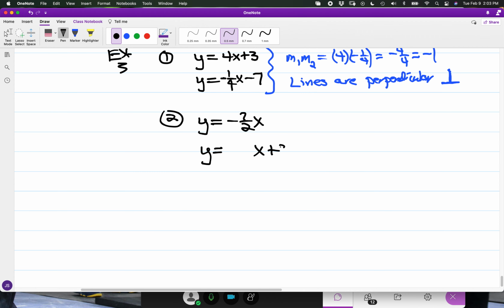If I form the right coefficient in front of this x for these lines to be perpendicular to each other, here I'm going from a negative to a positive. Then I have 7 over 2, and the reciprocal of 7 over 2, if I flip, is going to be 2/7.